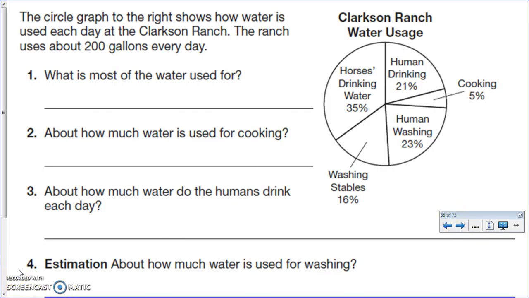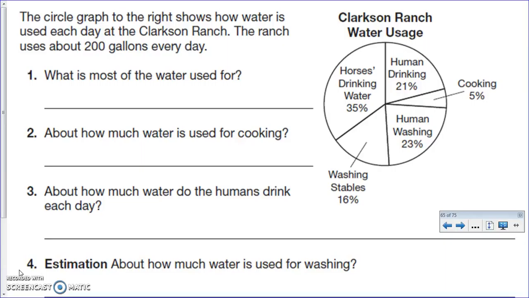The circle graph to the right shows how water is used each day at the Clarkson Ranch. The ranch uses about 200 gallons every day. So we see Clarkson Ranch water usage. Horses drinking water is 35%, washing the stables is 16%, human washing 23%, cooking 5%, and human drinking 21%. So, question 1, what is most of the water used for?